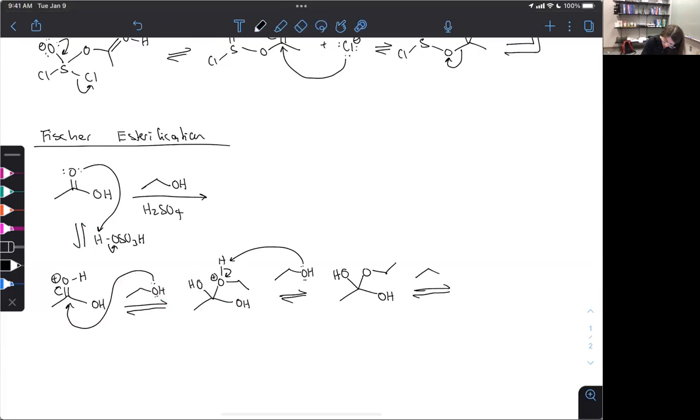So we can use that just recently protonated alcohol. And notice how this is really catalytic. So we don't need a lot of acid here. We just need a couple protons really. Okay, so now we've made ourselves a really good leaving group. So now we're good to reform the carbonyl.